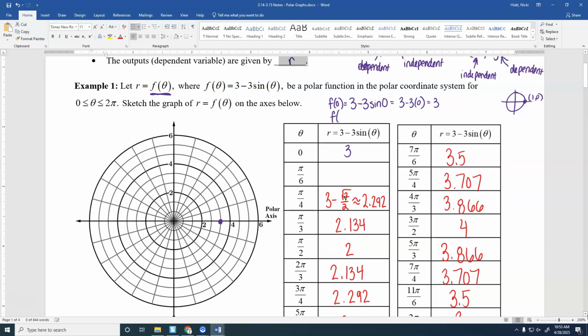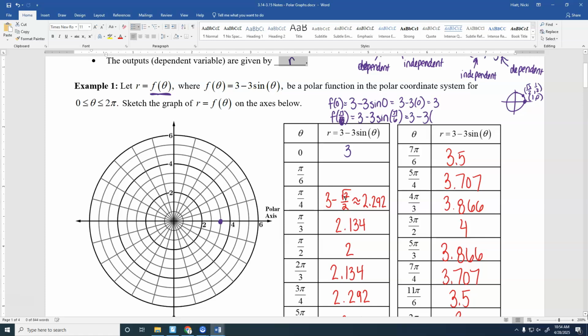Then we plug in our next one. If I'm doing f of pi over 6, we'll get 3 minus 3 sine of pi over 6. At pi over 6, these coordinates are square root of 3 over 2, 1/2.